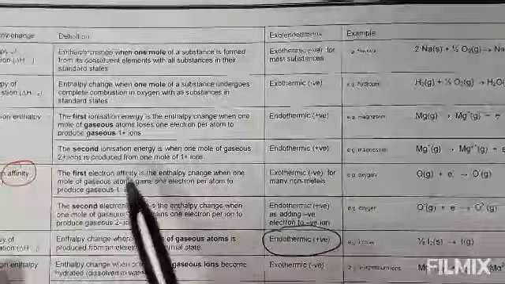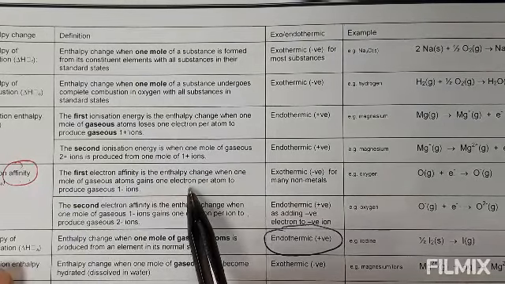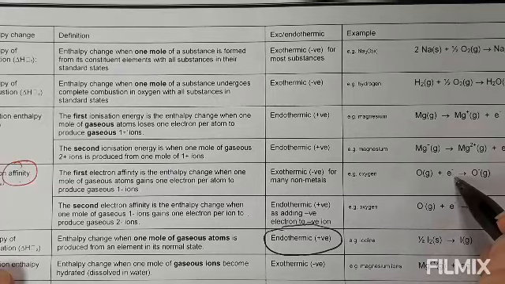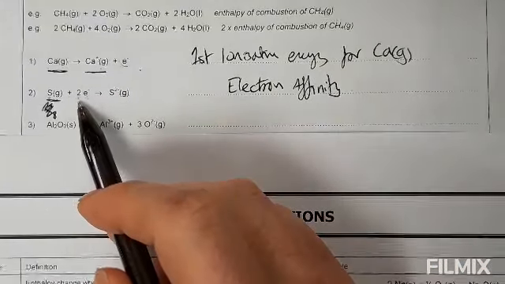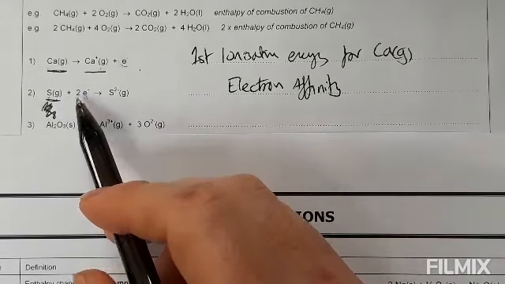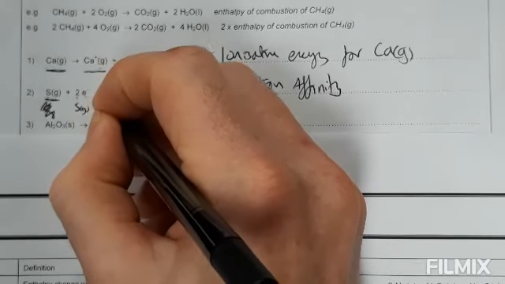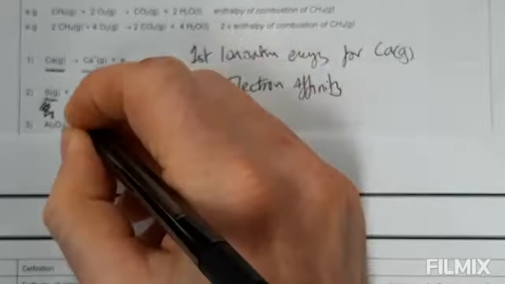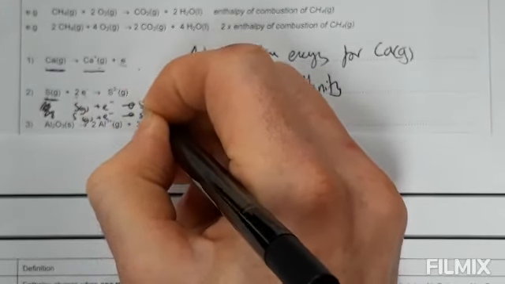So if you have a look at electron affinity, the first electron affinity is when 1 mole of gaseous atoms gains 1 electron per atom. That's this bit over here, gaining 1 electron. So if you're gaining 2 electrons, that looks to me like the first and the second electron affinity. So this one is a combination of sulfur gas gaining an electron to form sulfur minus gas, and then sulfur minus gas gaining another electron to become S2- gas.